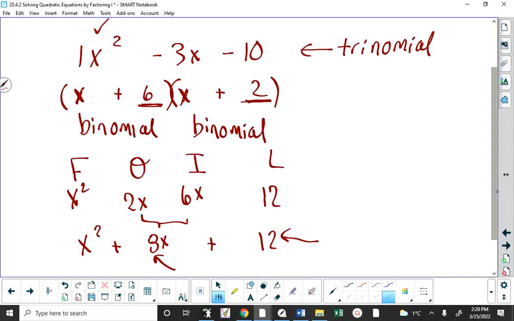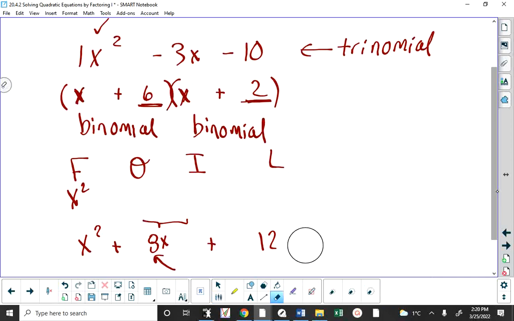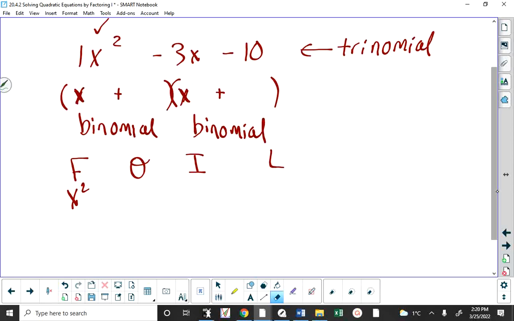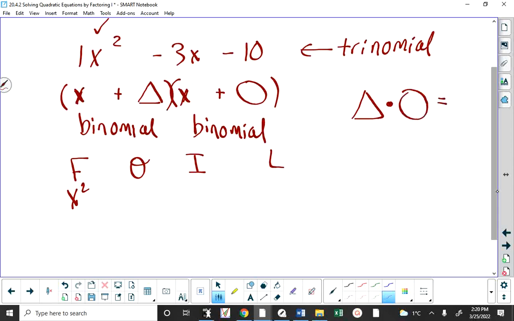And all I'm getting at here, let's go back to reality and what this question actually is: the numbers that you put here and here have to be two numbers that multiply to give negative 10, but those same two numbers have to add to give negative 3.